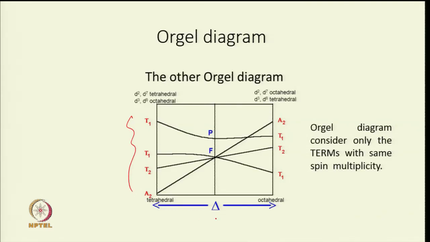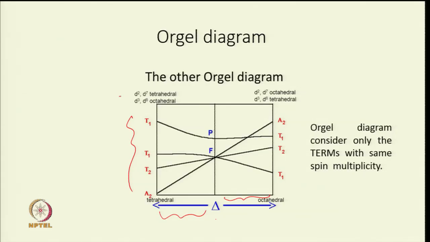what we do is you plot different terms as a function of delta. This side is for octahedral and this is for tetrahedral, and you look at this.